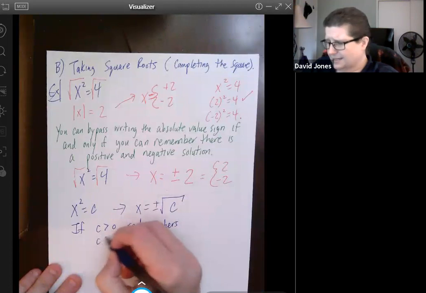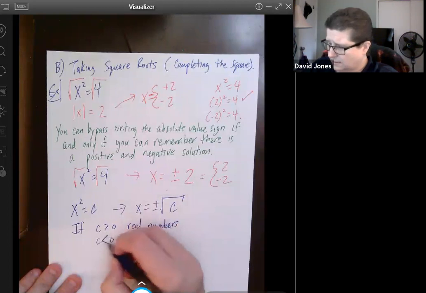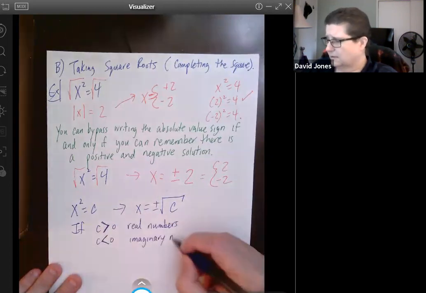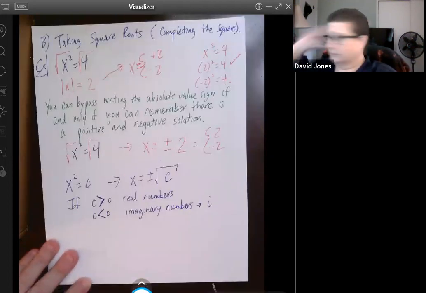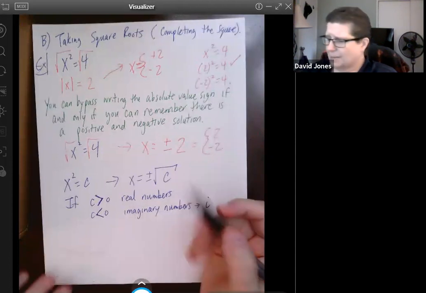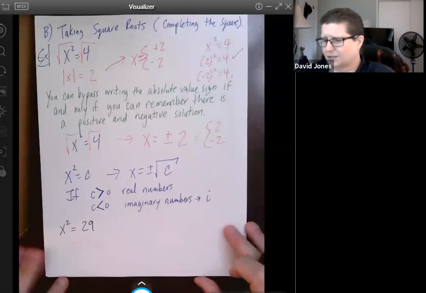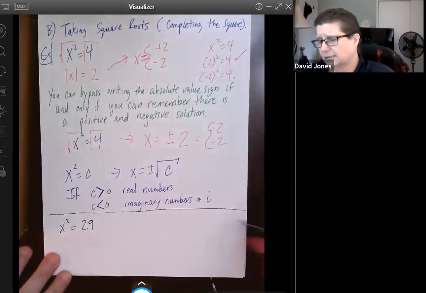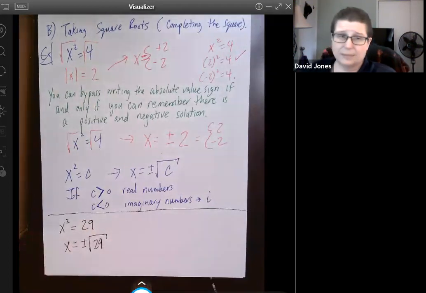And if c is less than 0, we have imaginary numbers, which, recall, gives us our i. They don't always have to be perfect squares either. For example, x squared equals 29. We take the square root of both sides. x equals plus or minus the square root of 29. 29 is a prime number. It doesn't get any simpler than that.